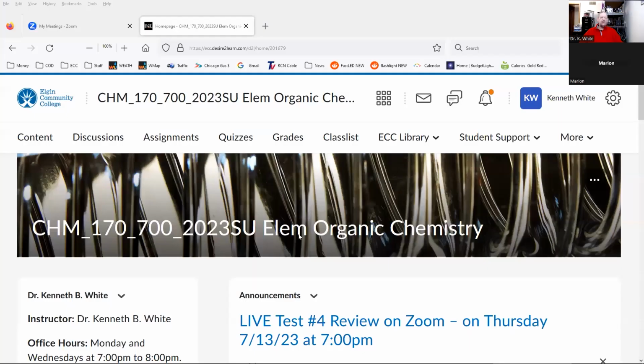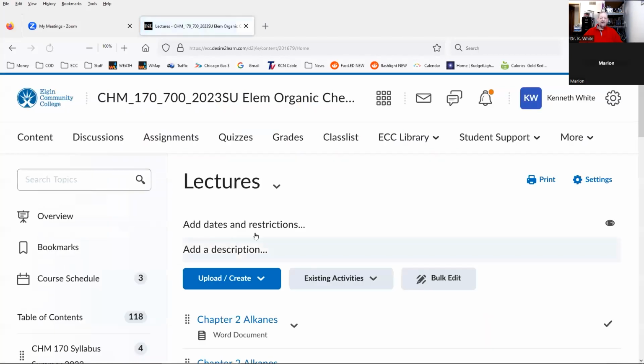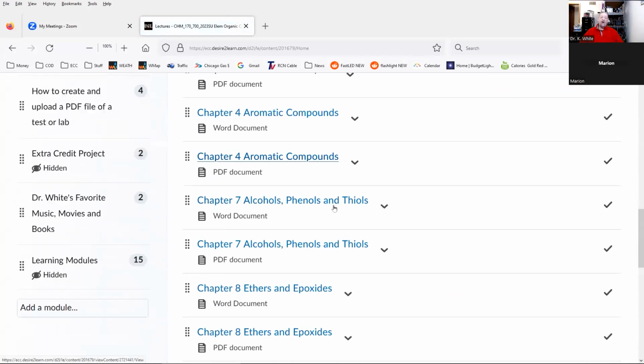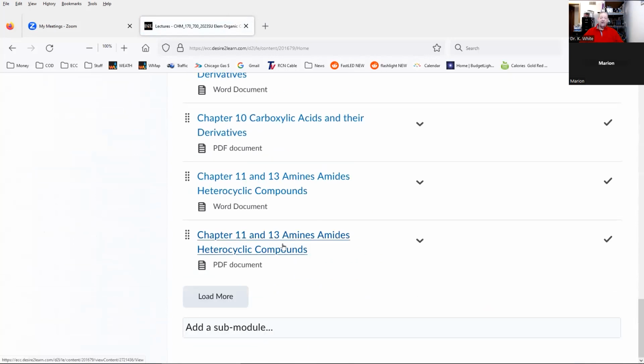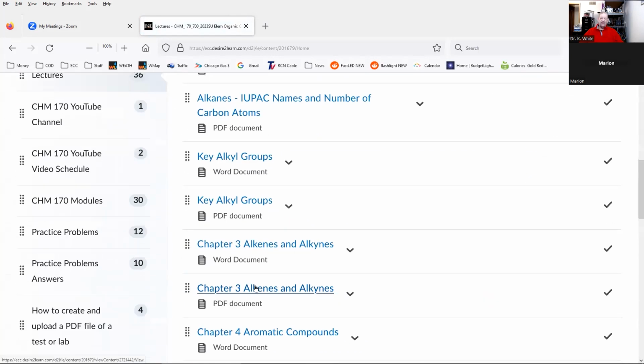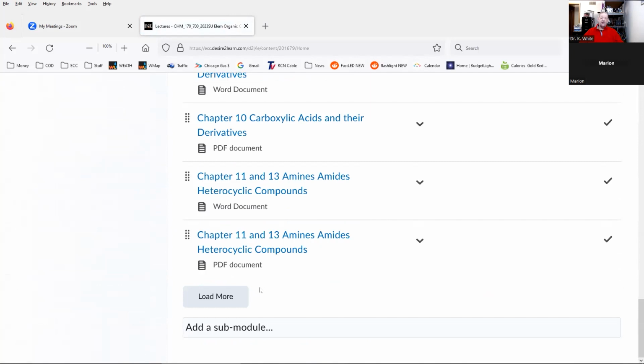If you go to D2L, click on content. This is very important. And you're in the lectures. Now, I might have mentioned this and I might have forgotten. If you scroll all the way to the bottom, it only goes to chapters 11 and 13. What about the reviews? See here where it says load more at the very bottom of the lecture section. This is a bad thing about D2L, because why don't they have it on one screen?